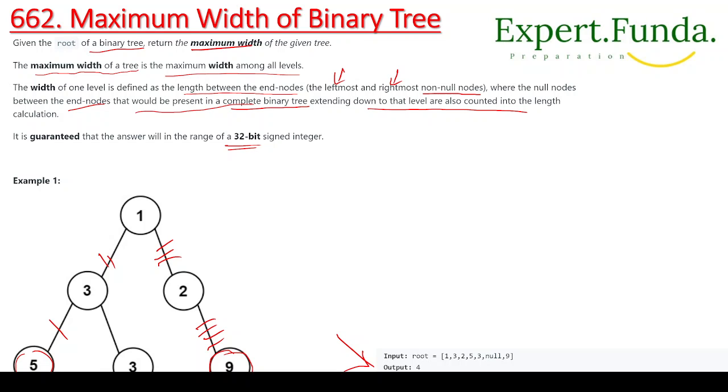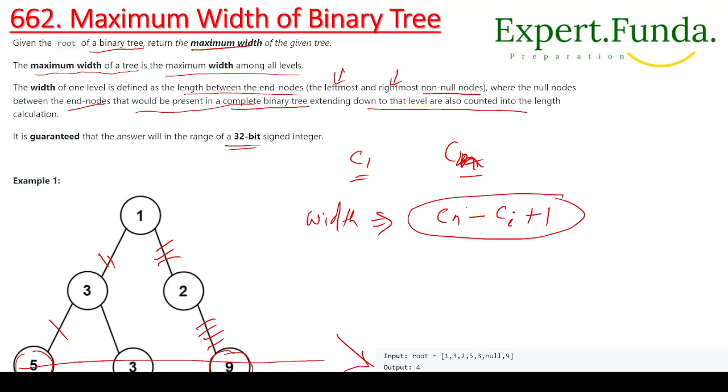So we can calculate the length: for this level, we know the leftmost and the rightmost. If the leftmost is C1 and the rightmost is Cn, then to calculate the width, it is Cn minus C1 plus 1. This will become the width.